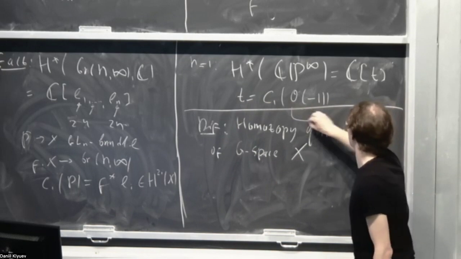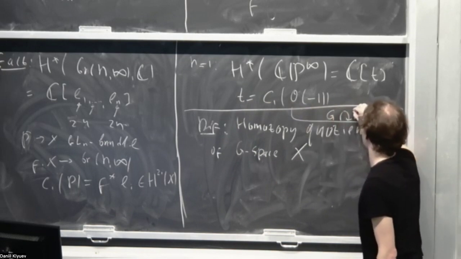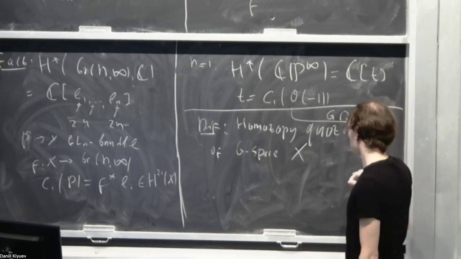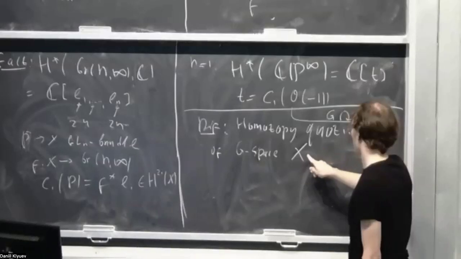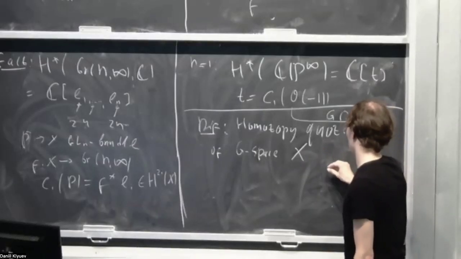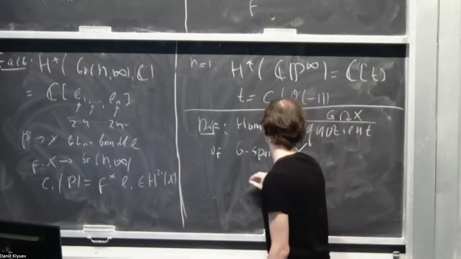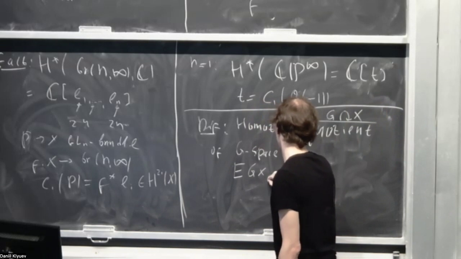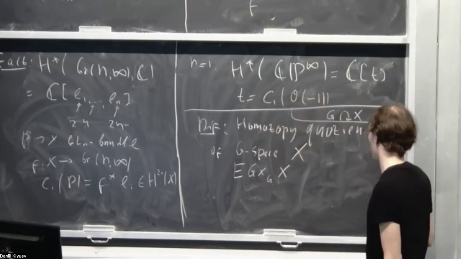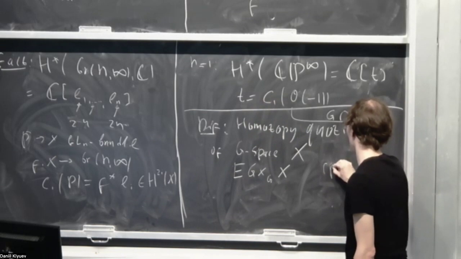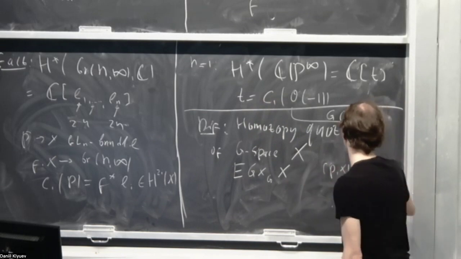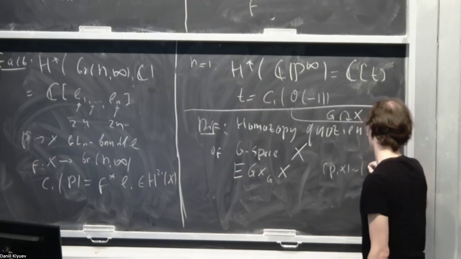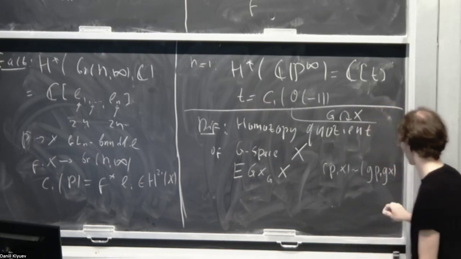So we have a group acting on a space, and to this pair we first define this quotient: EG cross over G of X. You take a pair of points (p, x) from the product and quotient by the relation (p, x) is (gp, gx).